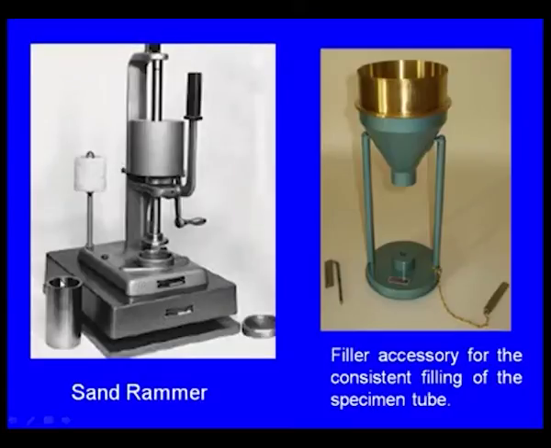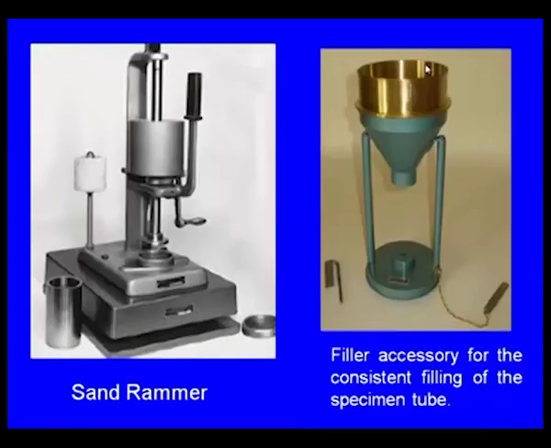For that purpose we use the sand rammer. This is the specimen tube, a cylindrical tube, and inside it we place the sand. For placing the sand effectively, we place the tube here on the filler accessory, and through this funnel we drop the green sand, and the green sand drops inside the specimen tube.